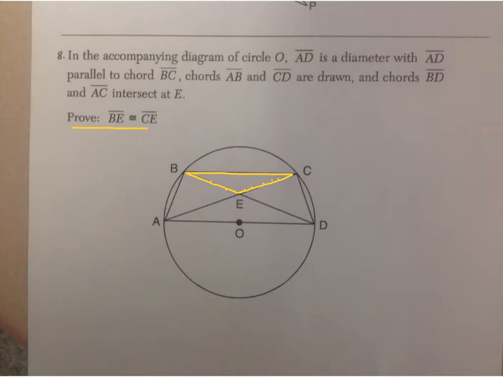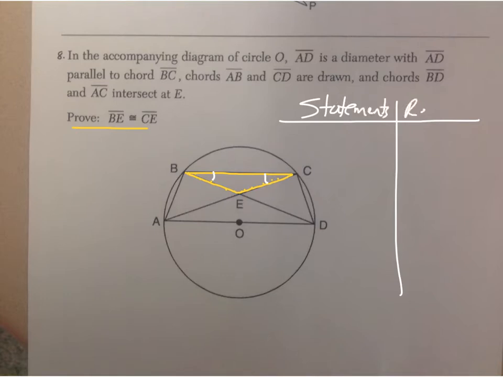And in order to do that, I'm going to prove that those angles in white are actually equal to each other. So I'm going to make a statements and reasons column and fill out what I do know, or the most important things that I do know.